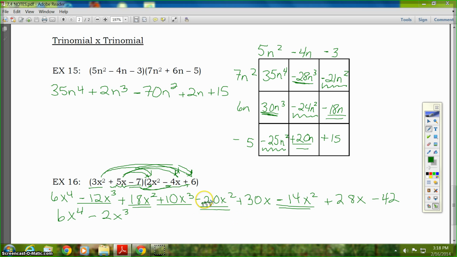So that gives me 18 minus 20 is negative 2, and negative 2 minus 14 is negative 16x squared. And then I have my x terms, so I have 30x and 28x, and that adds together to give me 58x. And then I have my constant, negative 42. So this is the product of the trinomials. And we are done.